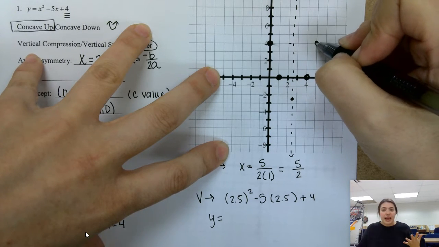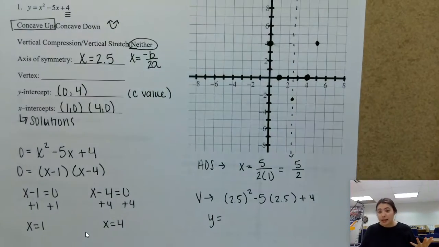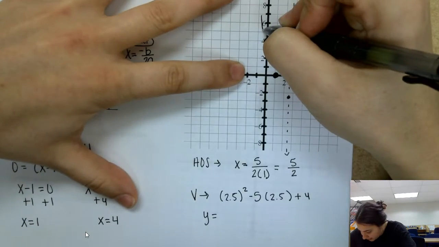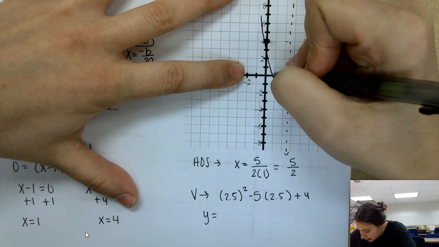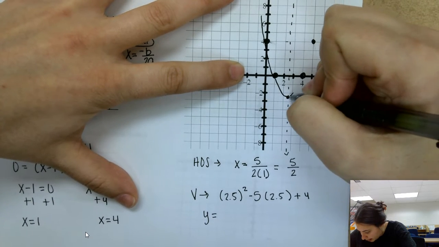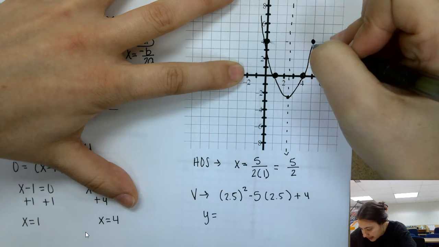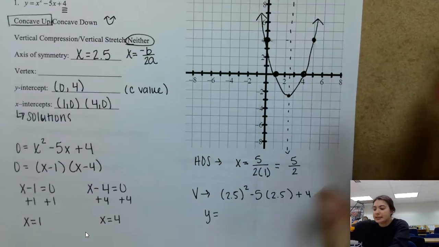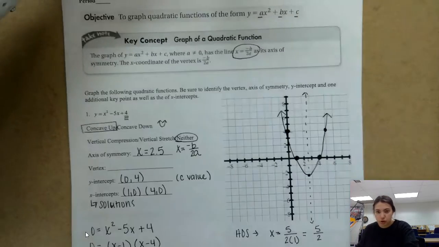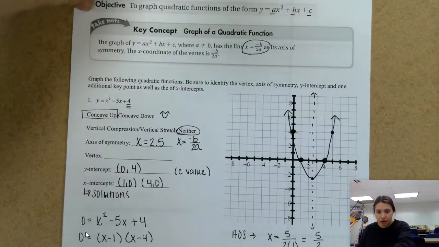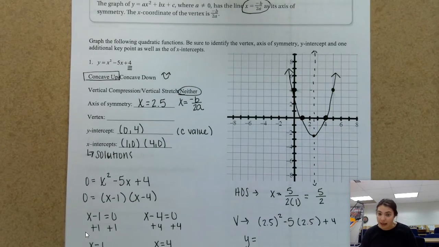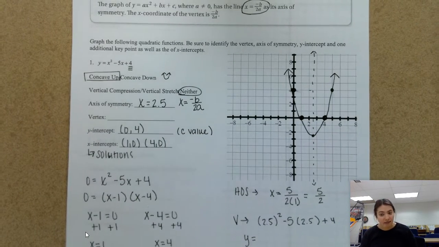And now we have enough points for us to be able to sketch this parabola. Remember, it doesn't have to be perfect by any means, but it definitely should not be pointy at the bottom, and it should not look like a V. It definitely should look like a U-shaped figure. And if I zoom out a little bit on our first example, this is the parabola for y equals x squared minus 5x plus 4.